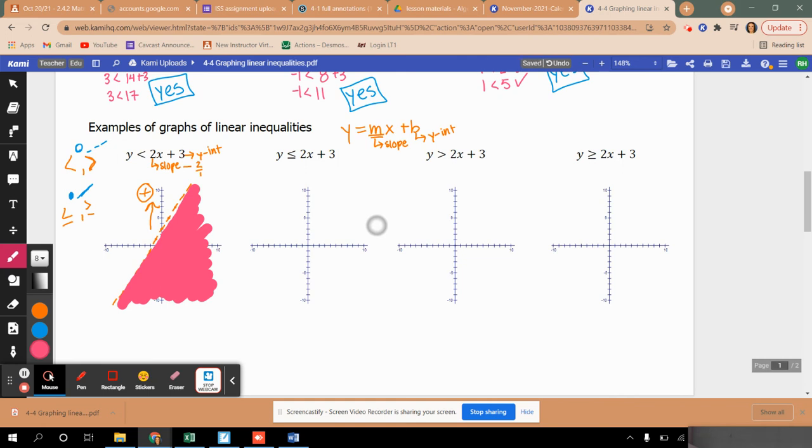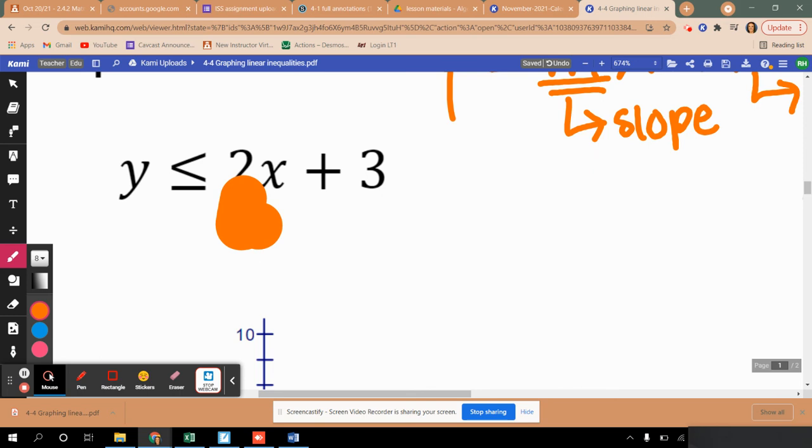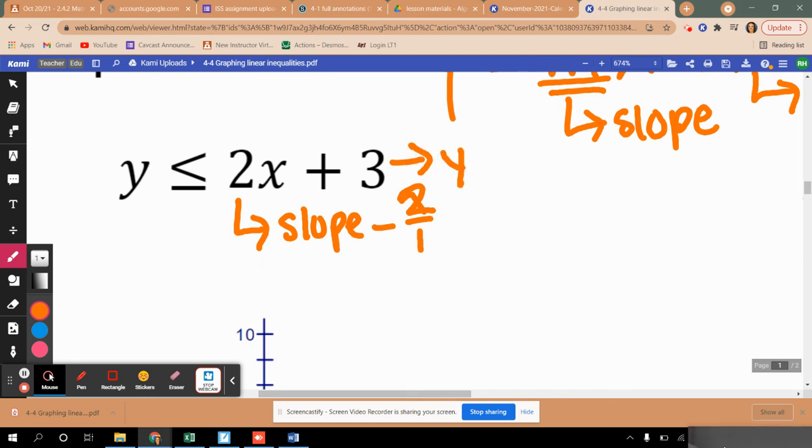Let's do one more together. All right, go back down to 1. We got our slope of 2, which is 2 over 1, and our y-intercept of 3. Let's go make some points.